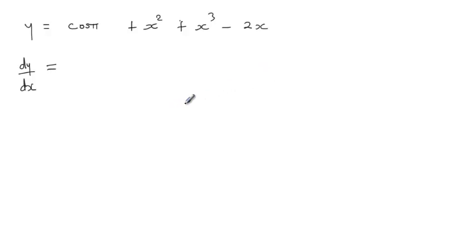Applying the principle that when differentiating a sum of functions, the derivative is the sum of the derivatives of the individual functions. So if I'm differentiating the sum of these terms, the derivative is the sum of the individual derivatives. I think. Yes or no? Okay. Yes, tell. Minus sin pi plus x to the power 2 minus 1.